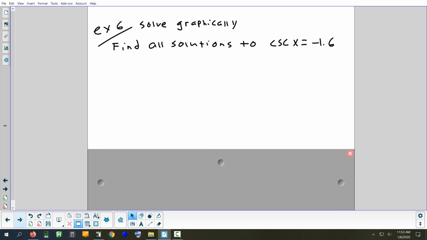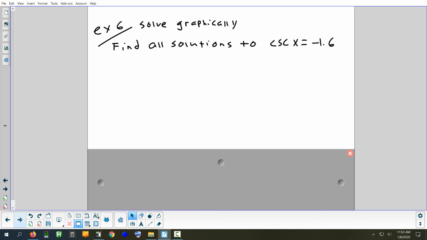Anyone have another idea how we could solve that? Okay, you could move everything to one side and then find some roots. Or what if you want to leave it just like that? You could type it in just like that and then do what? Yeah, you're just going to see where those cross.